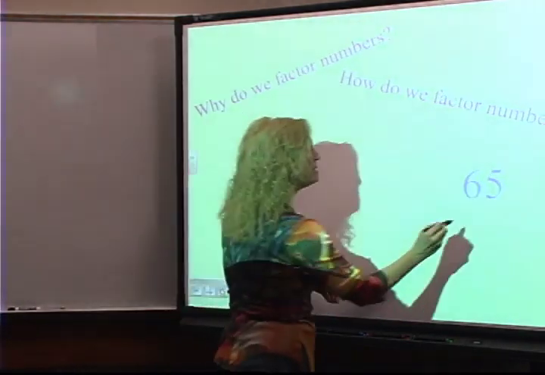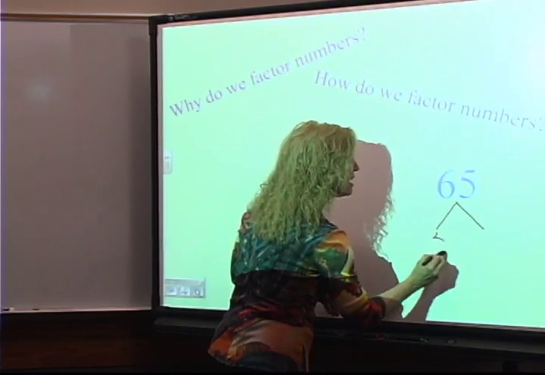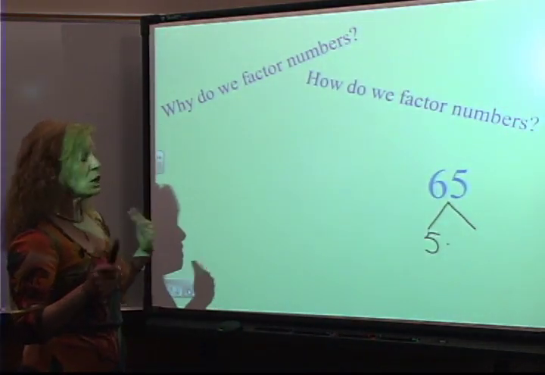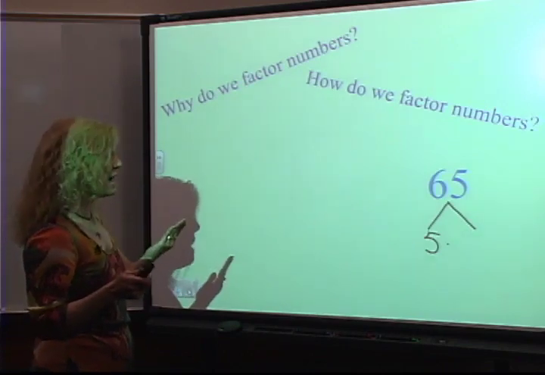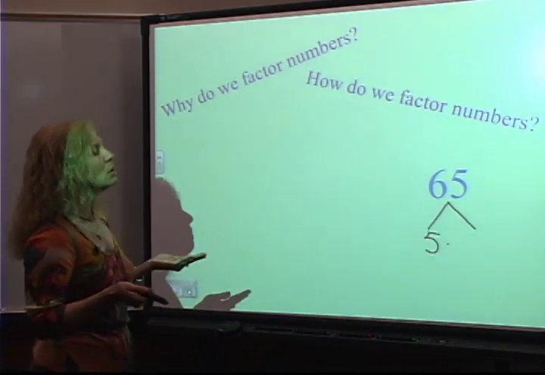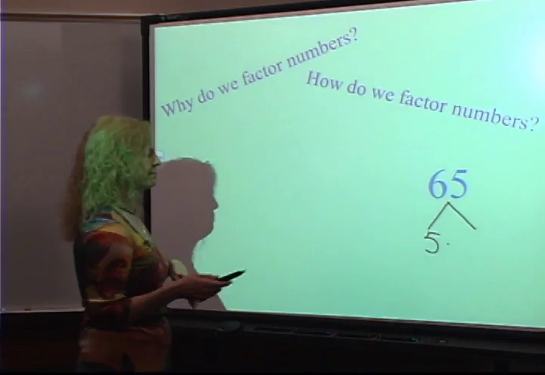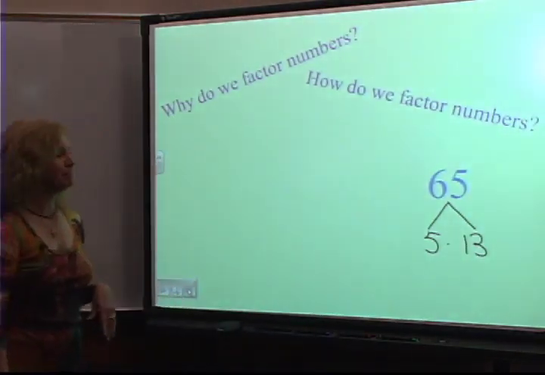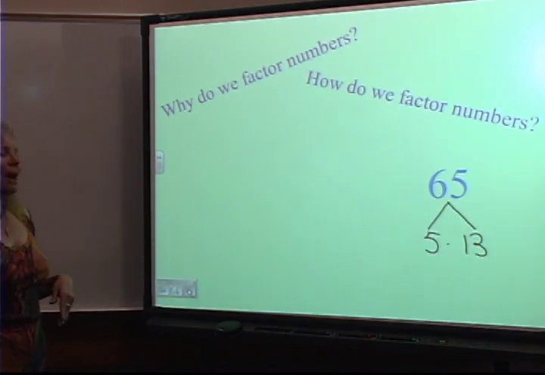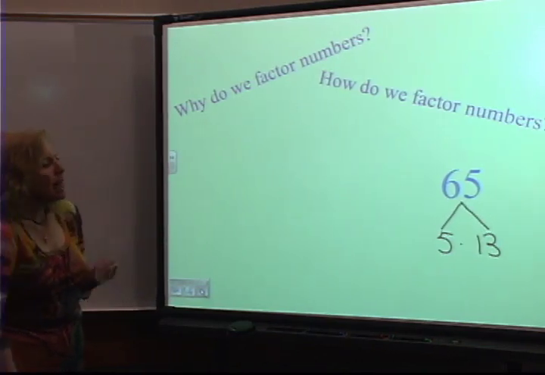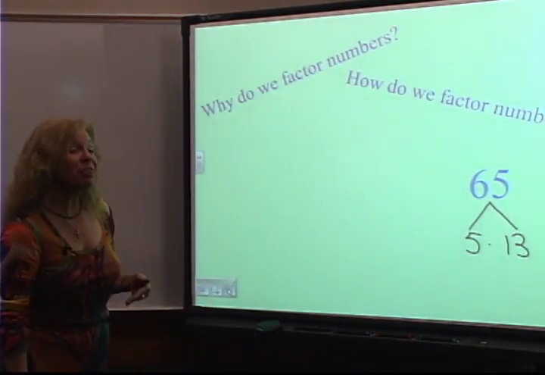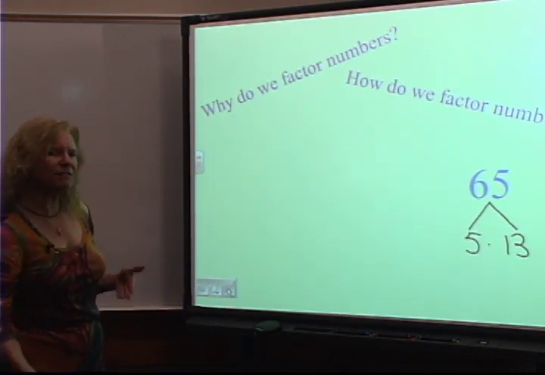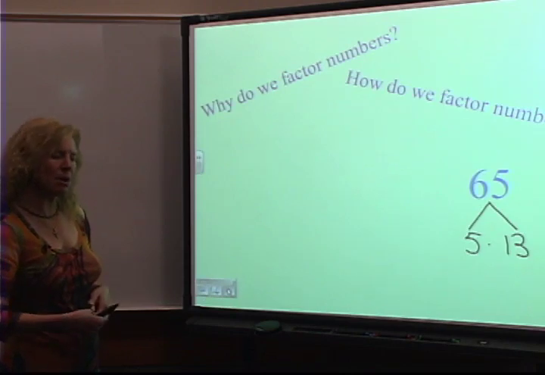And I say, well, 65 would be 5 times, and if you're between a rock and a hard place and you're trying to find out what's that other number, we could just do long division, right? And we find out that that other number is 13. Okay, so how do we factor that number? Well, it helps if we know something about the numbers and the fact that if we multiply by a 5, it always ends in a 5 or a 0.